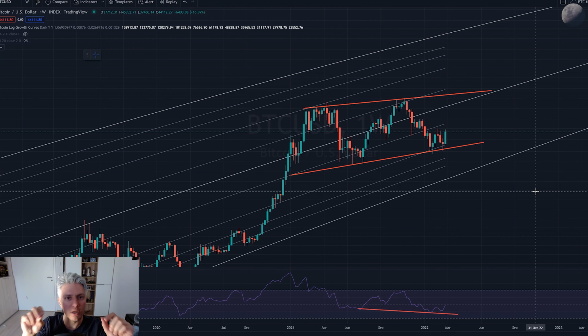If Bitcoin is not rising, if Bitcoin is not pumping, the other coins, you can forget them. You will not have huge altcoin gains and altcoin pumps if Bitcoin is in a bear market. That will never happen. So the prerequisite for an altcoin bull market is a Bitcoin bull market. And that's why I'm talking so much about Bitcoin. But next time we will go into the altcoin market and take a look at a few different altcoins and look at the situation in the altcoin market.